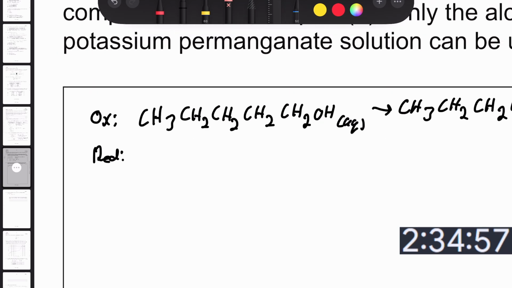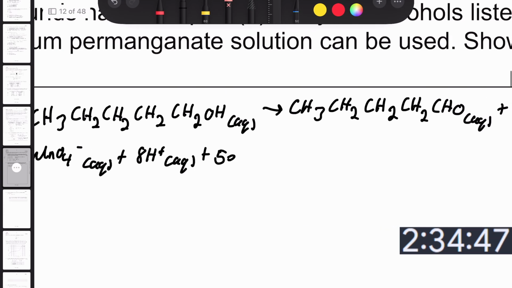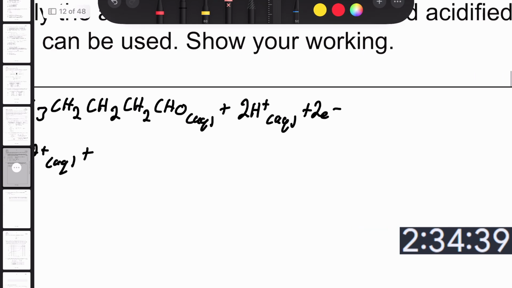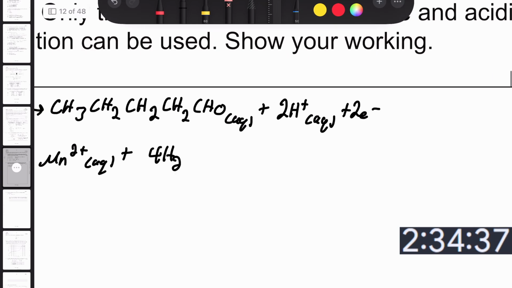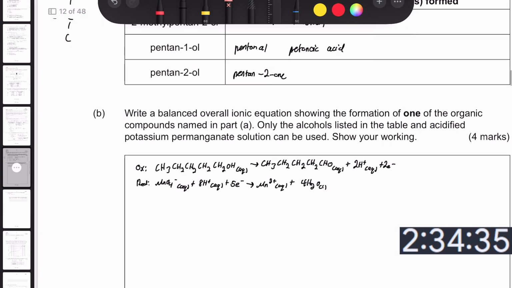And then the reduction is MnO4 minus aqueous plus 8H plus aqueous plus 5 electrons to form Mn2 plus aqueous plus 4H2O liquid.